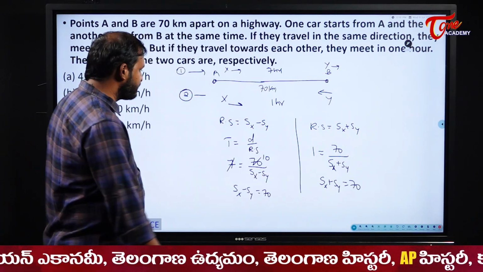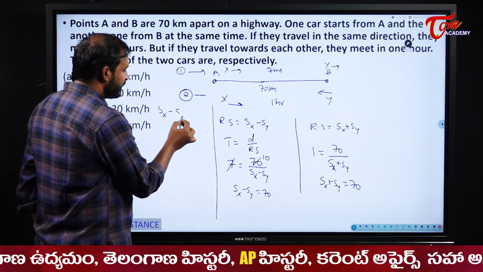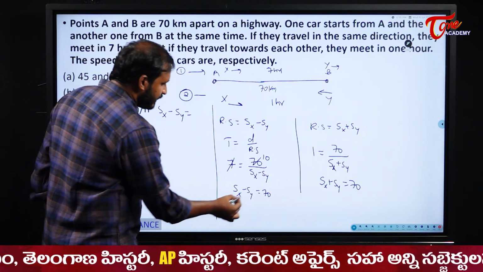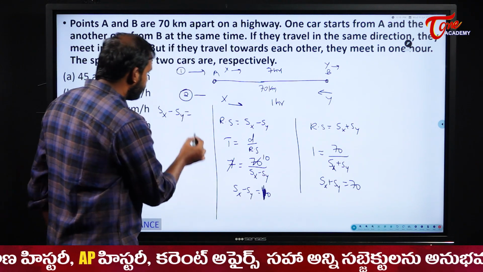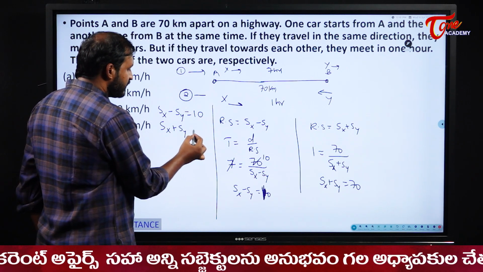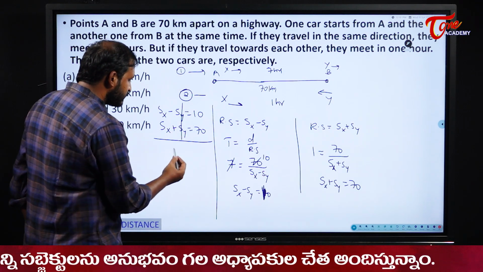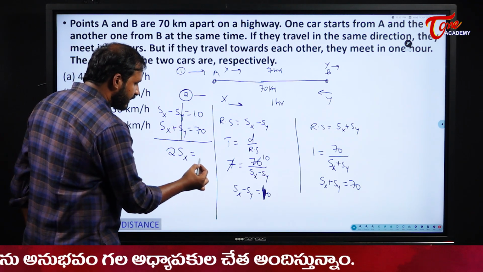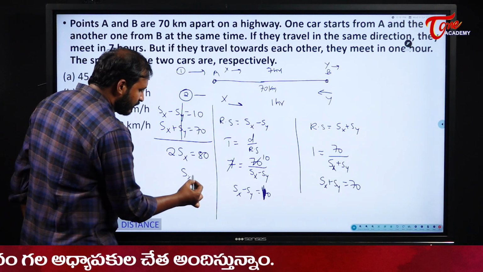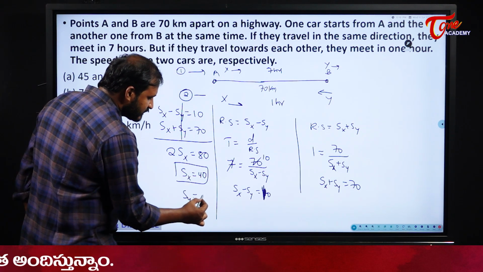Now you have two equations, and you can easily find the speeds. Speed of X minus speed of Y is equal to 10, and speed of X plus speed of Y is equal to 70. Here the Y terms get cancelled, so 2 times speed of X is 80, and speed of X is 40. Speed of Y is obviously 30.